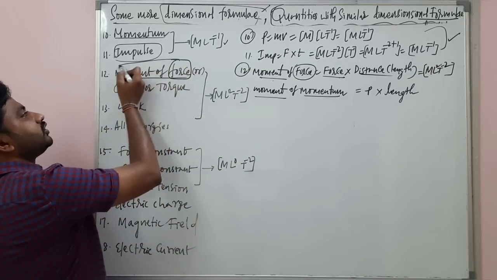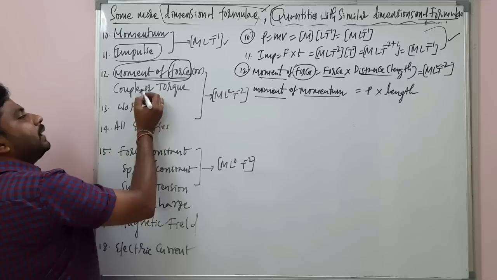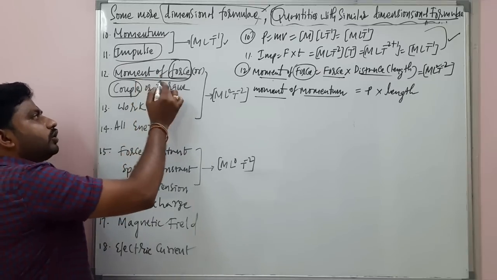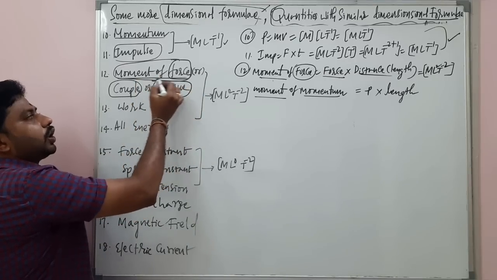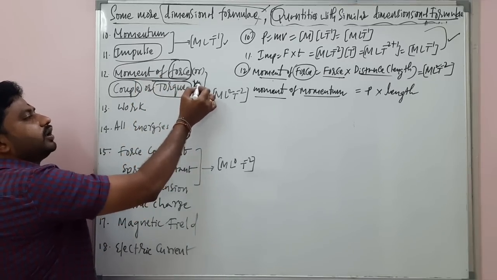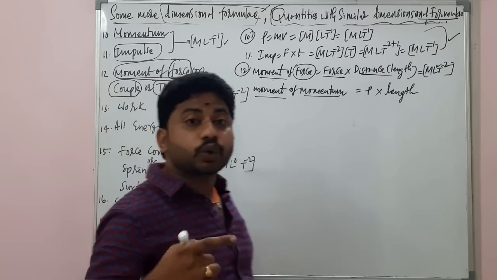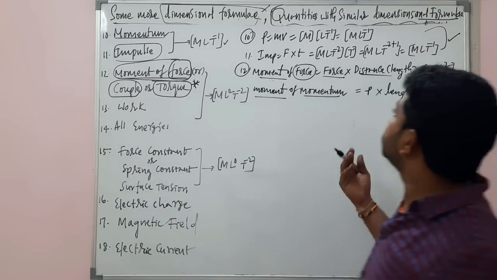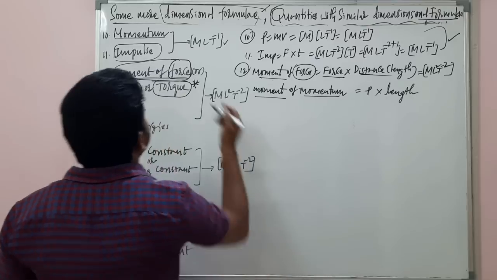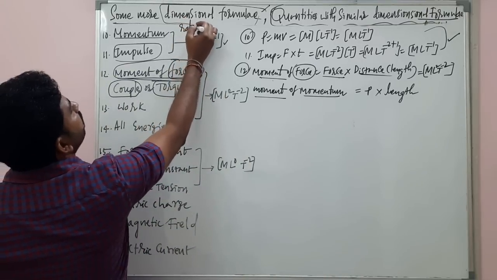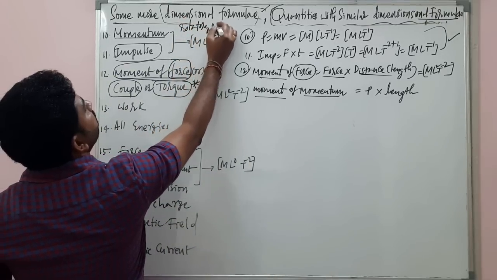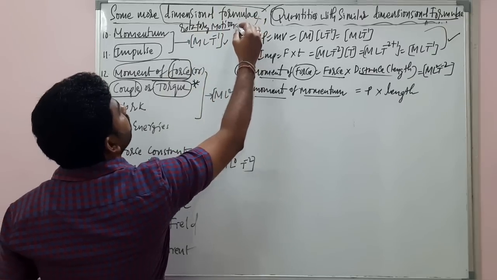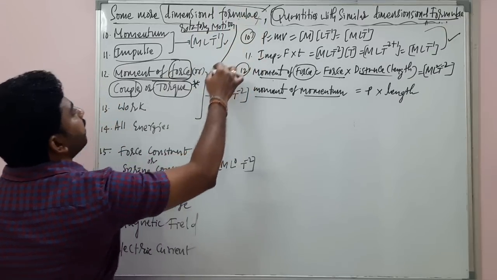The moment of force is also called couple. And this moment of force is also called torque, which is the most important physical quantity in rotatory motion. In rotatory motion, the most important physical quantity you will be learning is torque.